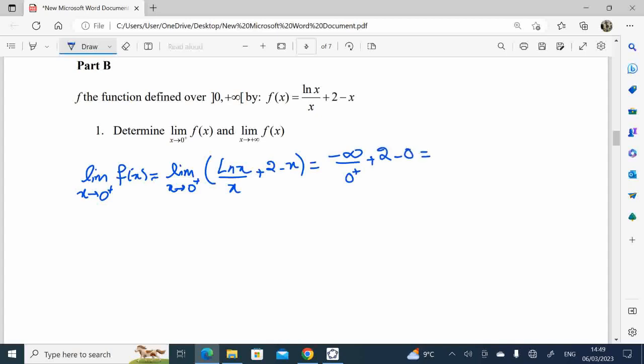So this is equal to minus infinity over 0 plus, which is minus infinity, plus 2 minus 0, it's plus 2. So minus infinity plus 2, which is minus infinity. If I want to specify the asymptote here, since as x approaches 0 plus the answer is infinity, it means we have x equals 0 as a vertical asymptote.